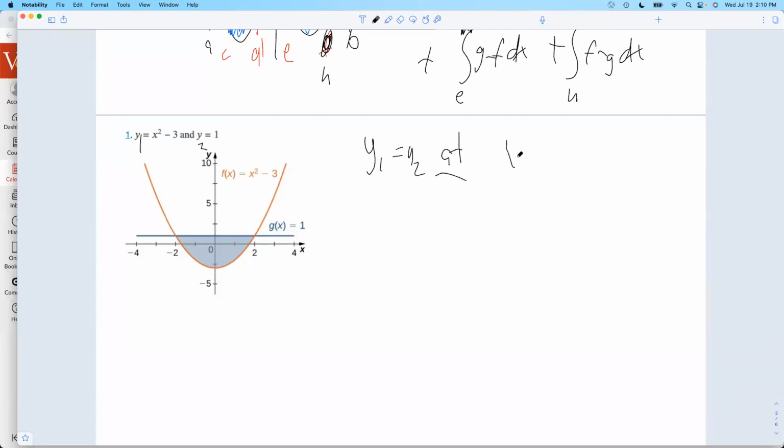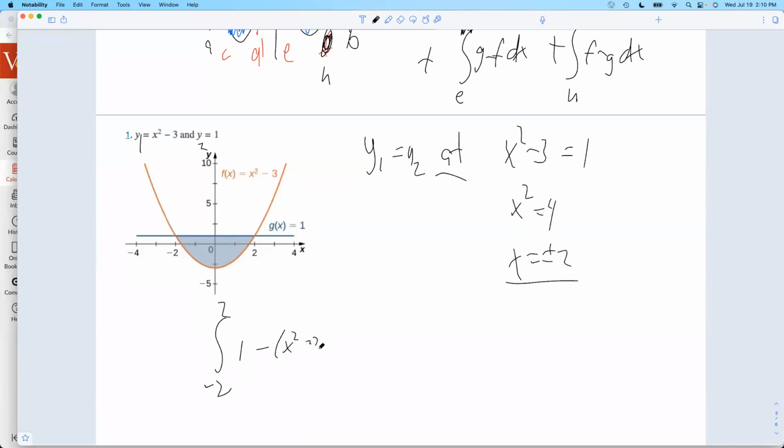Where do those equal each other? When x squared minus 3 equals 1, that's x squared equals 4, or x is plus or minus 2. Right there. So I want the definite integral from -2 to 2, top minus bottom. The top one is 1 minus, and then parentheses.